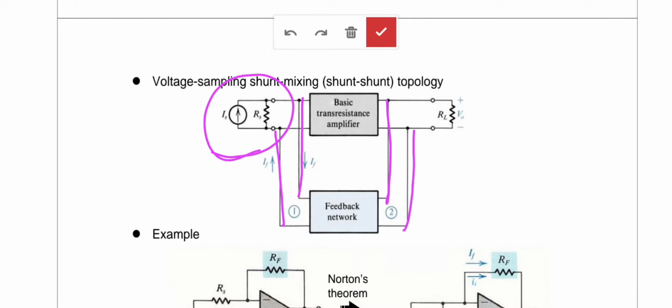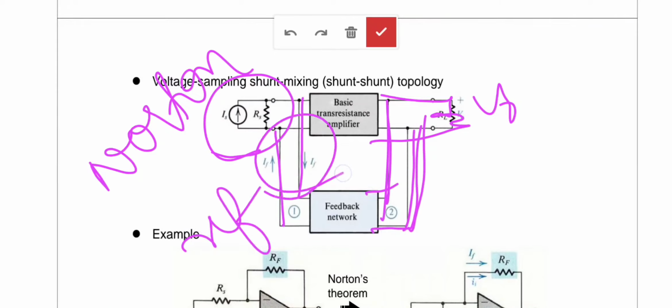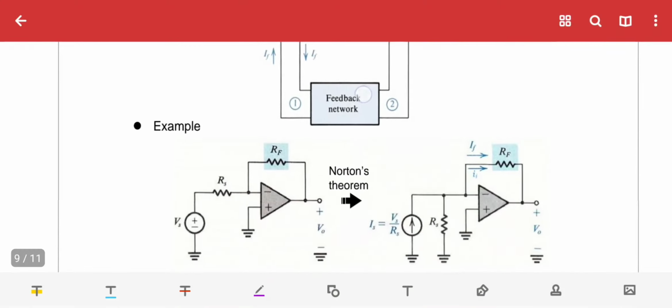Now we have a practical circuit for this. It's nothing but an inverting amplifier circuit. Whereas for the voltage amplifier we had a non-inverting amplifier circuit, here we have an inverting amplifier circuit. You can see input is given to the inverting terminal through the input resistance RS, and the feedback resistance RF. If you draw the Norton equivalent circuit of this, how will it be?